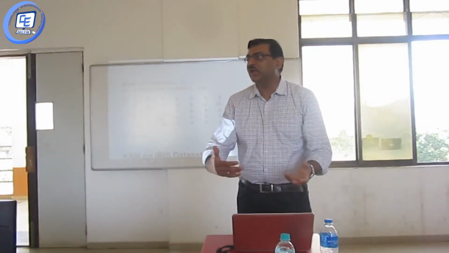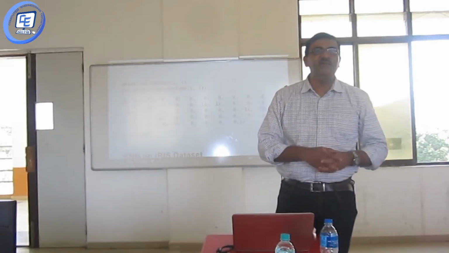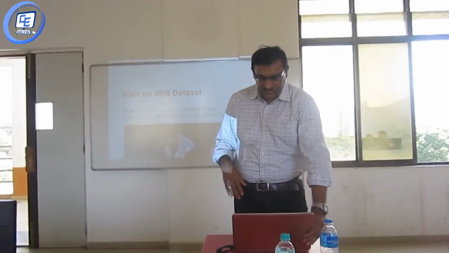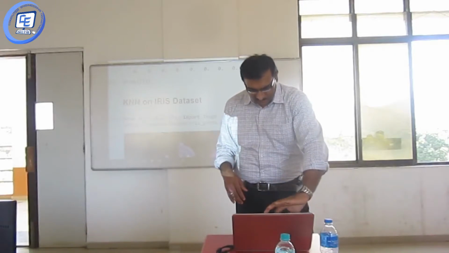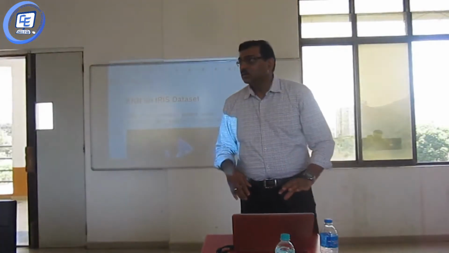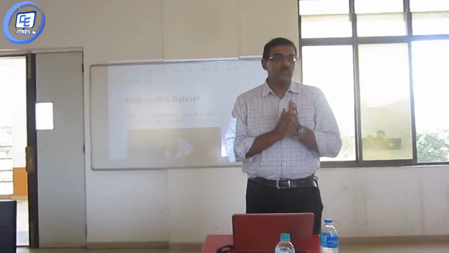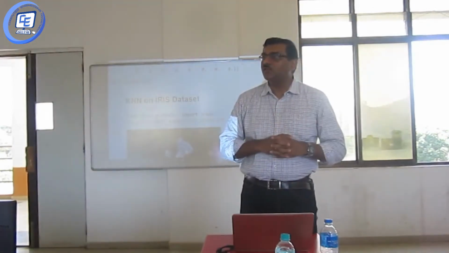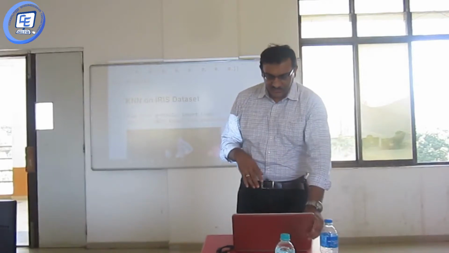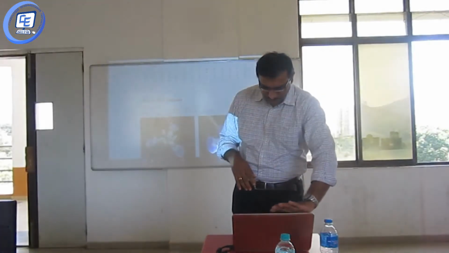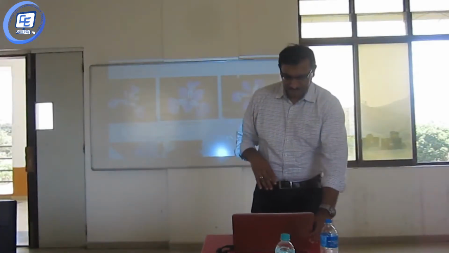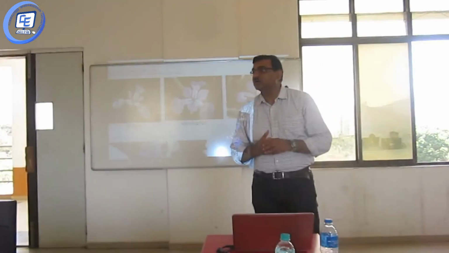What we have done so far with KNN is on a very trivial data set. Now let us use a very interesting data set called the iris data. What is this iris data set? The iris data set is a data set of flowers. There are 3 flowers which I am showing you here: Setosa, versicolor, virginica.